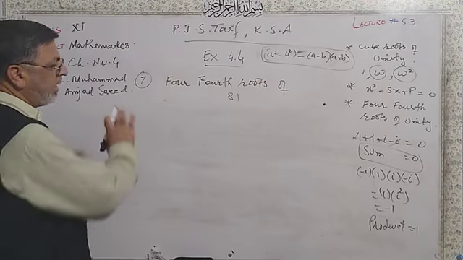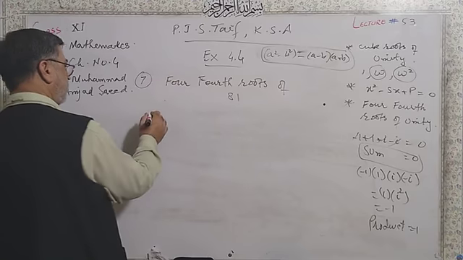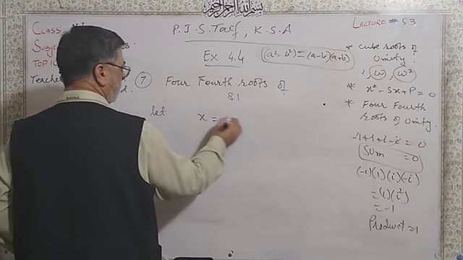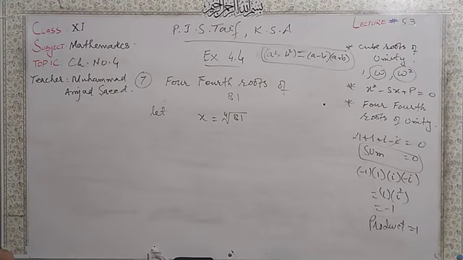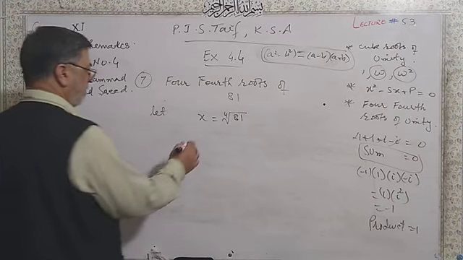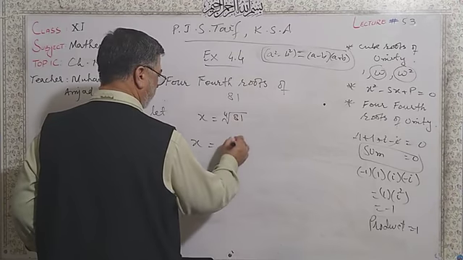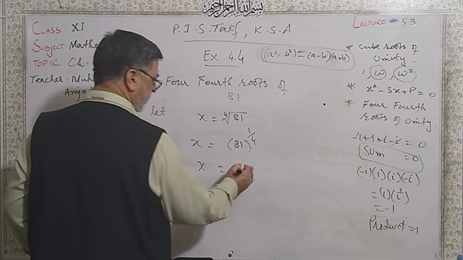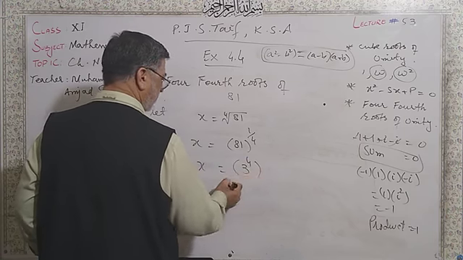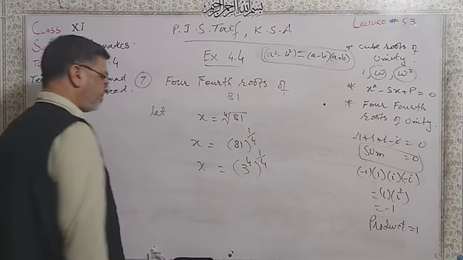With the same technique you can find the others. Let x is equal to the fourth root of 81. X is equal to 81 whole power 1 over 4. And x is equal to 3 power 4, whole power 1 over 4.